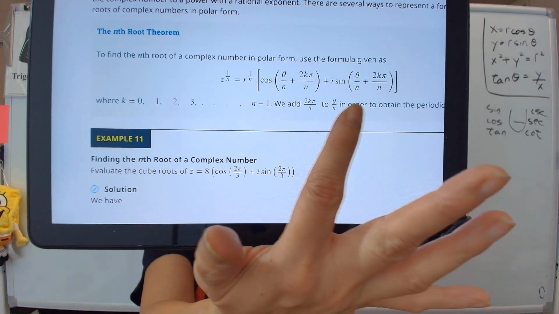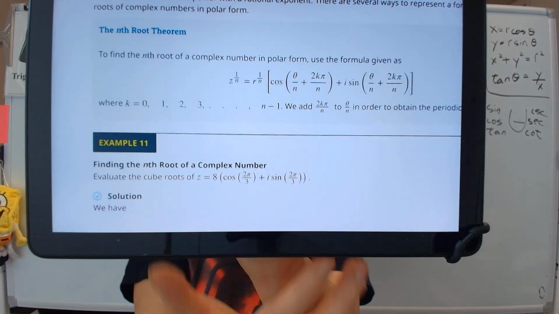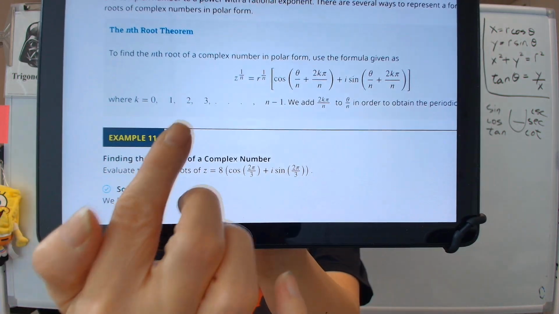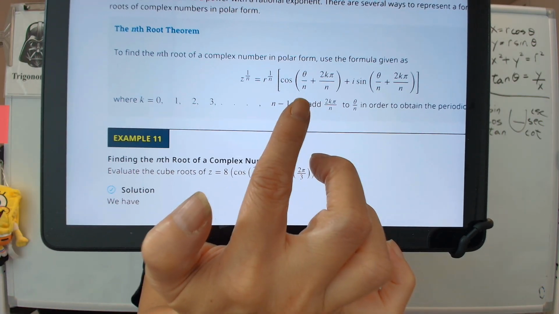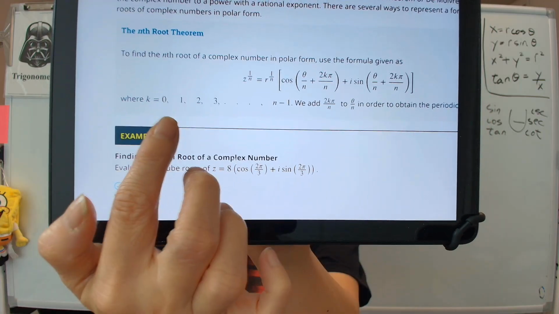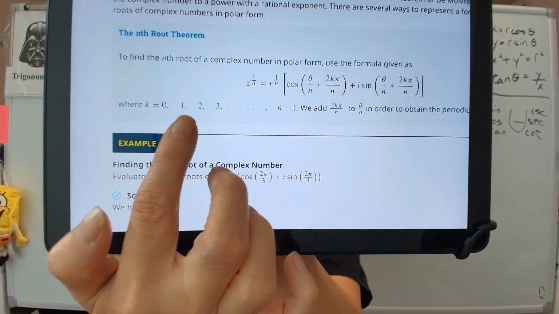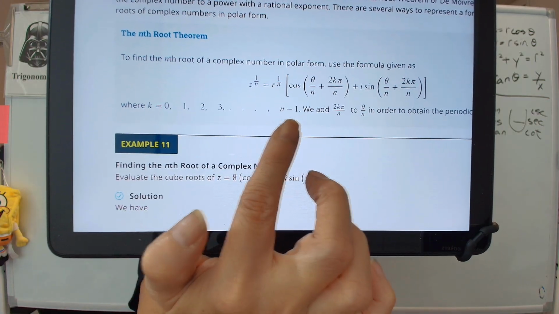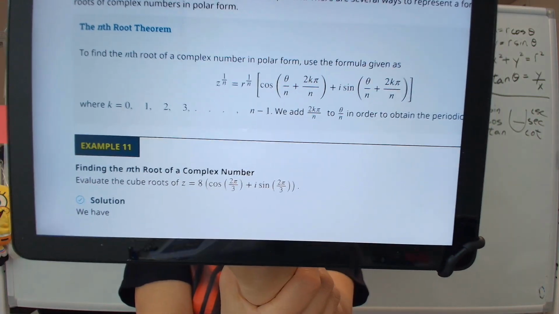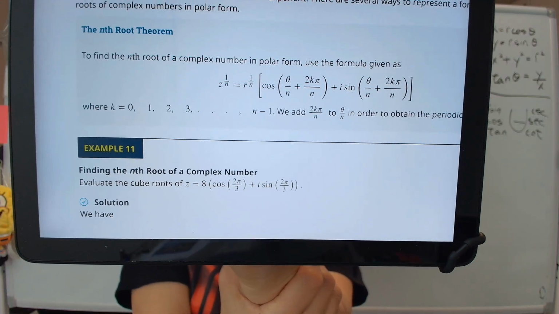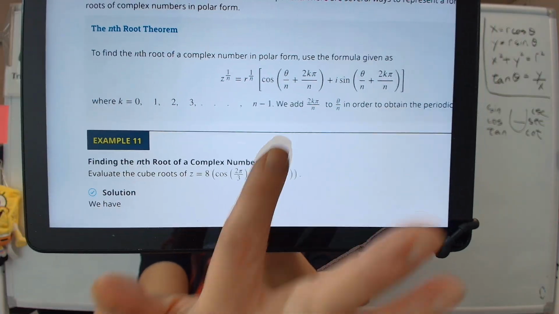And what does this mean? This means that the nth root has n solutions, and the solutions are written like this. What that means is that it will start counting where k equals 0, and then 1 and 2 all the way to n minus 1 in this location right here. So you have n solutions to write following this formula.